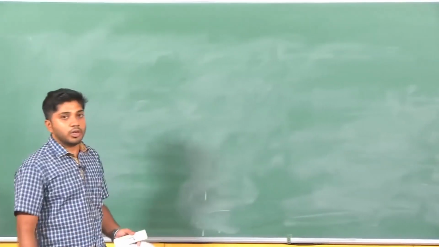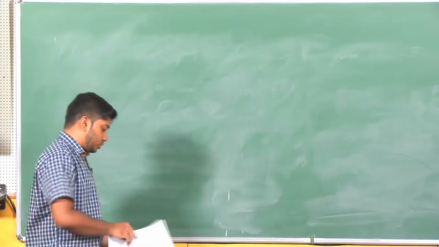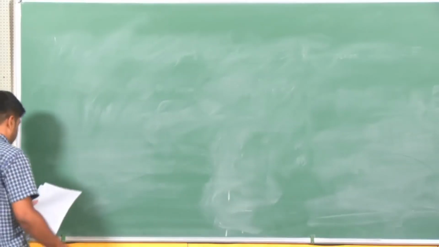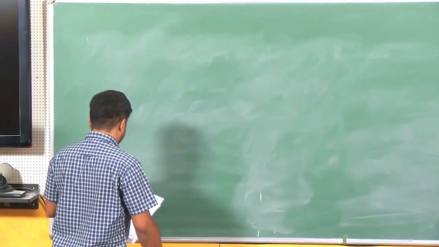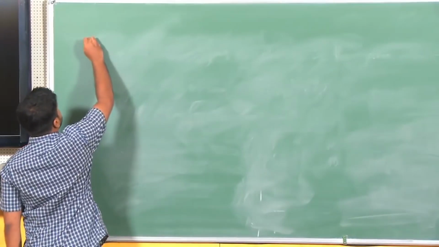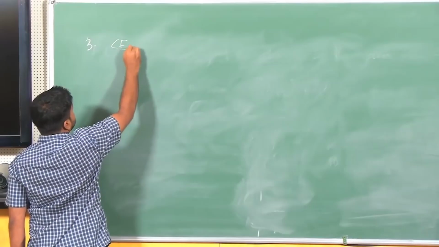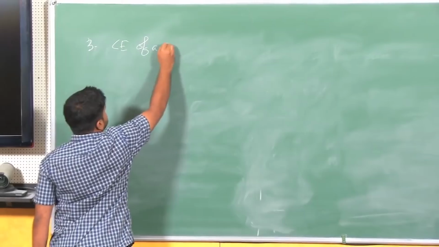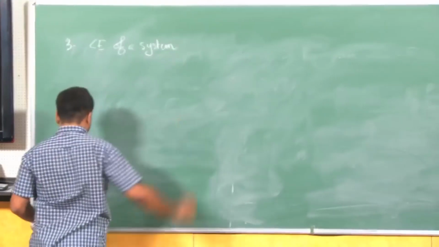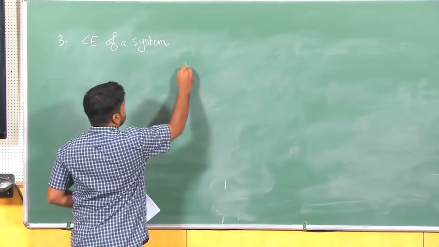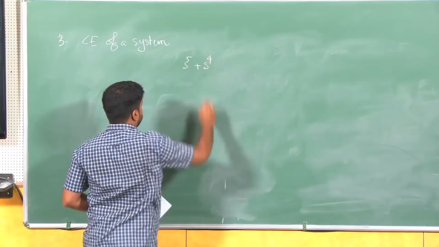Now we solve a problem where the first element of a row is 0. Okay, let us consider the characteristic equation of a system, s to the power 5 plus s to the power 4.